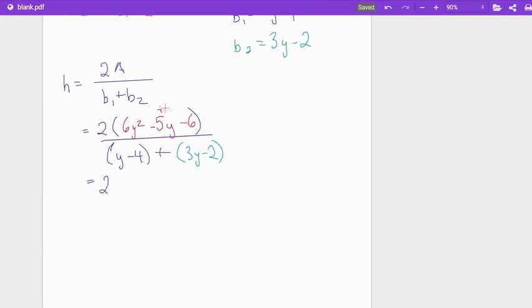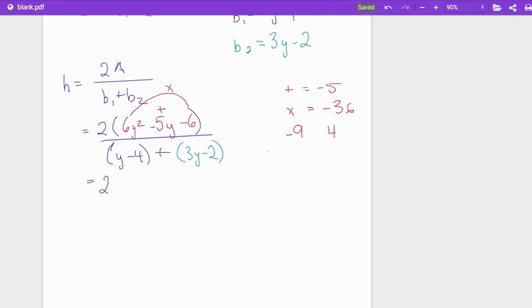So I'm looking for 2 numbers that add up to negative 5, using decomposition, and multiply to give me 6 times 6, which is 36, negative 36. Right away, I see 36 is 4 times 9. It's a 9 times table. So it's going to be 9 and 4, and the 9 will be negative.